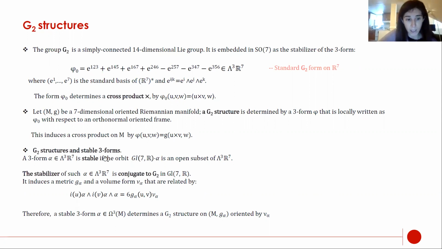So any stable three-form on a seven-dimensional manifold is going to determine a G2 structure on the Riemannian manifold, with the metric satisfying the previous equality and the orientation given by that volume form.